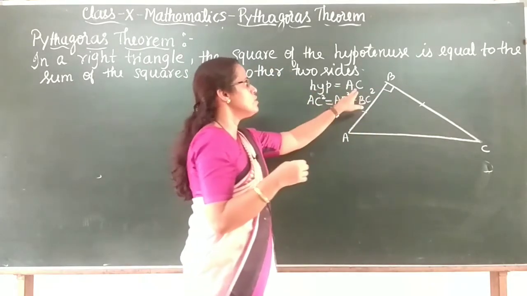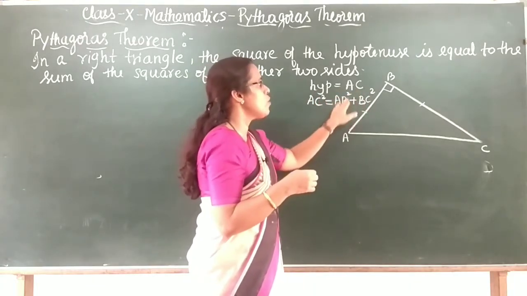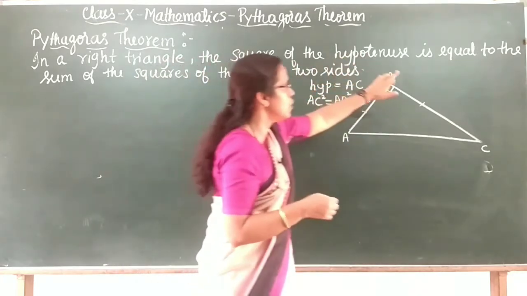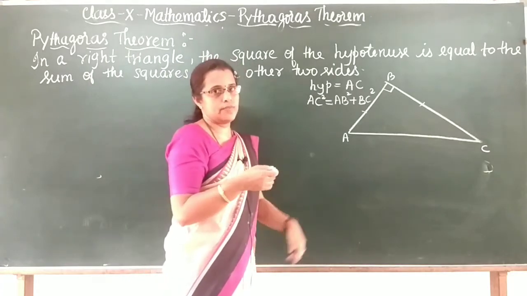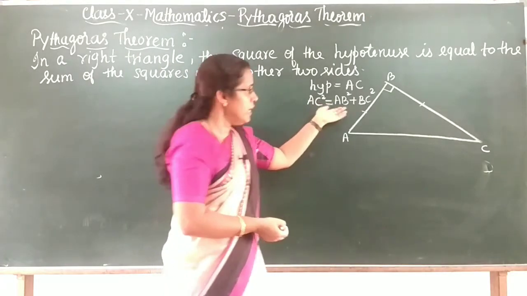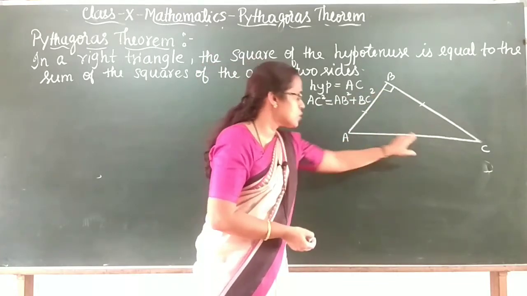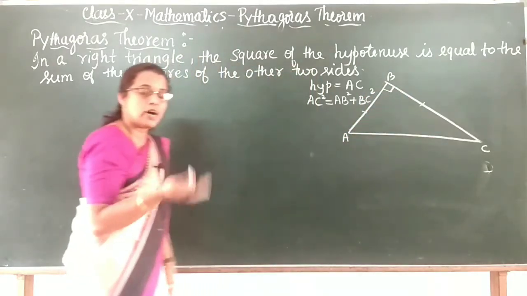Square of the hypotenuse is equal to the sum of the squares of the other two sides, said by Pythagoras. This you have to prove, children. The 90 degree front side is called the hypotenuse. AC square is equal to AB square plus BC square, this I have to prove.